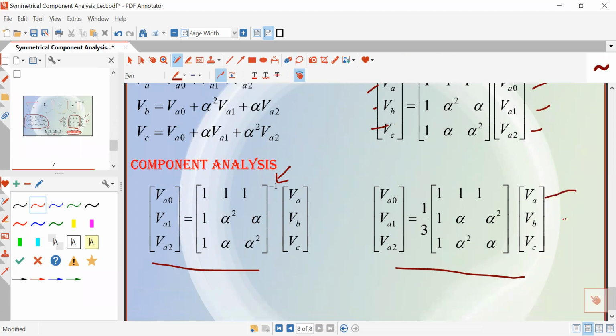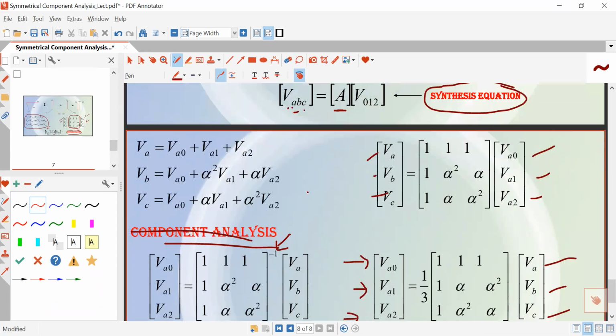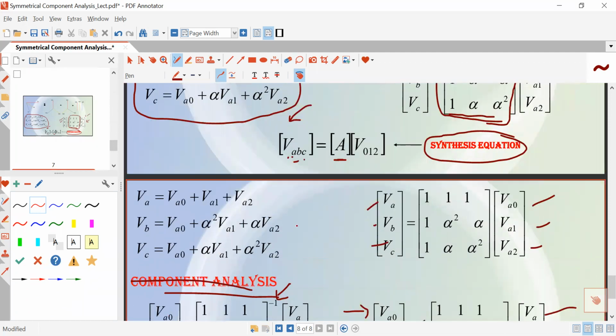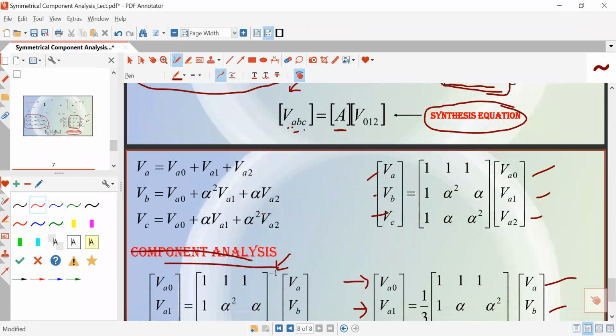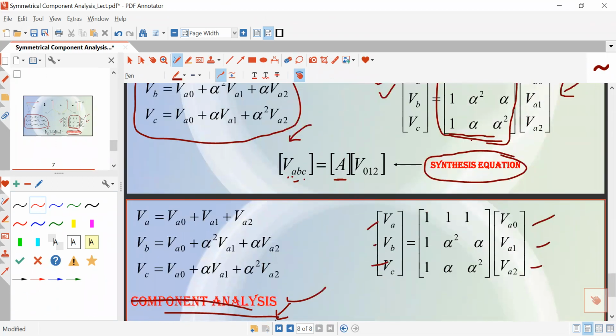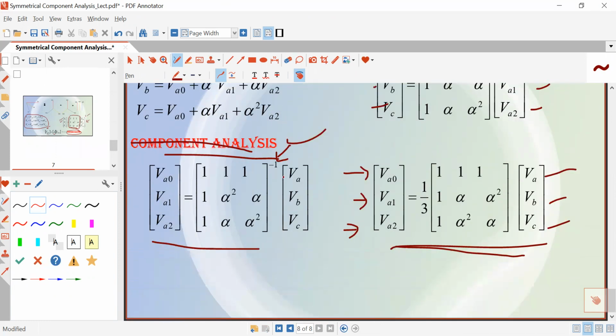So if the unbalanced phasors are known, then from the three unbalanced phasors you can determine the sequence components. This equation is called component analysis. So this one is the component synthesis, the synthesis equation, and this is component analysis. You must remember these two matrices, which will play a very important role in the remaining part of the course.